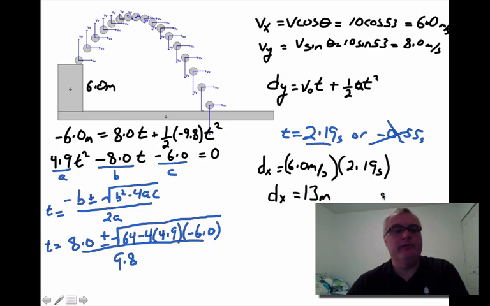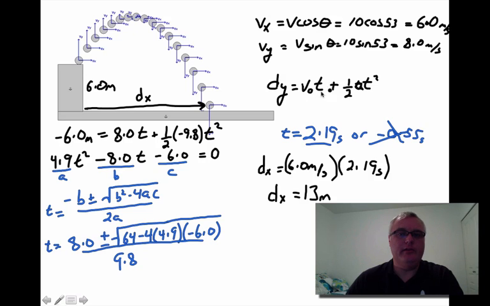So it travels 13 meters away from the base of the cliff. That's this distance here, from here all the way out to here, dx. Okay, so similar to before, the only difference, this equation is not very easy to solve. I have to use the quadratic formula to solve it.